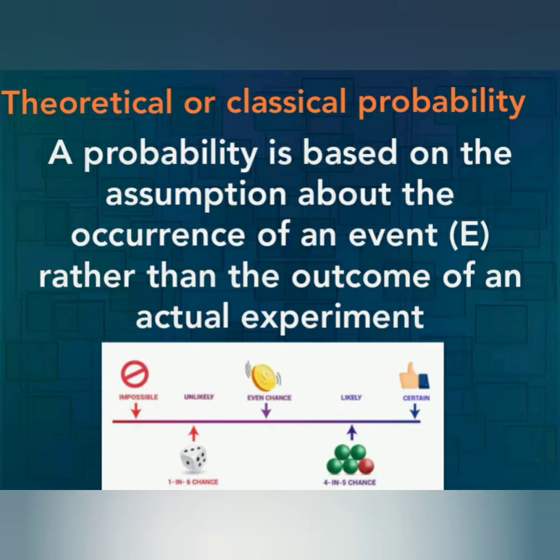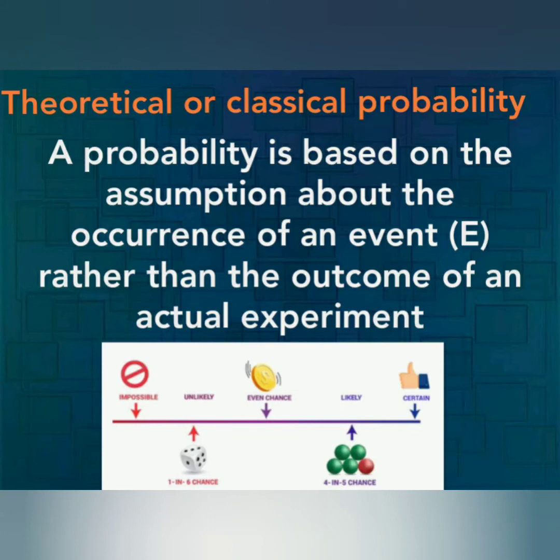Then for unlikely, a good example is a 1 in 6 chance. In a die, getting 1 is a 1 in 6 chance. That is unlikely. And even chance: a coin comes up heads.